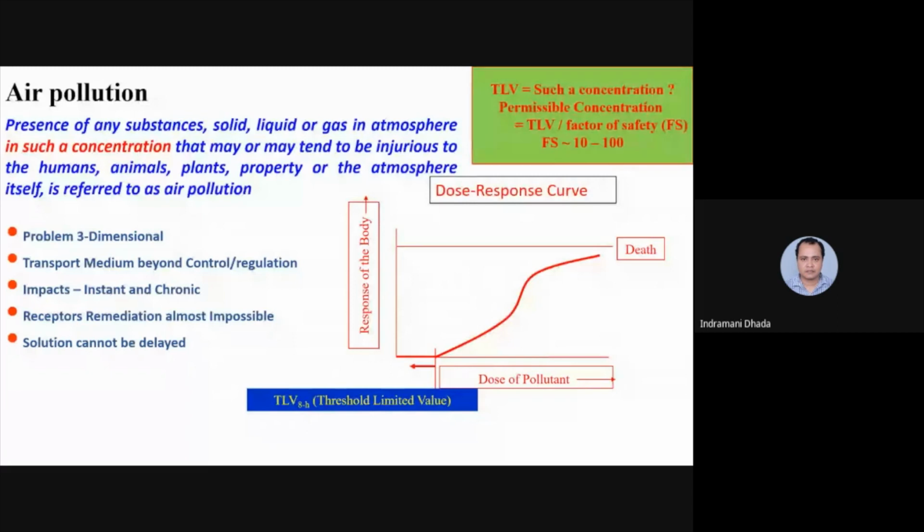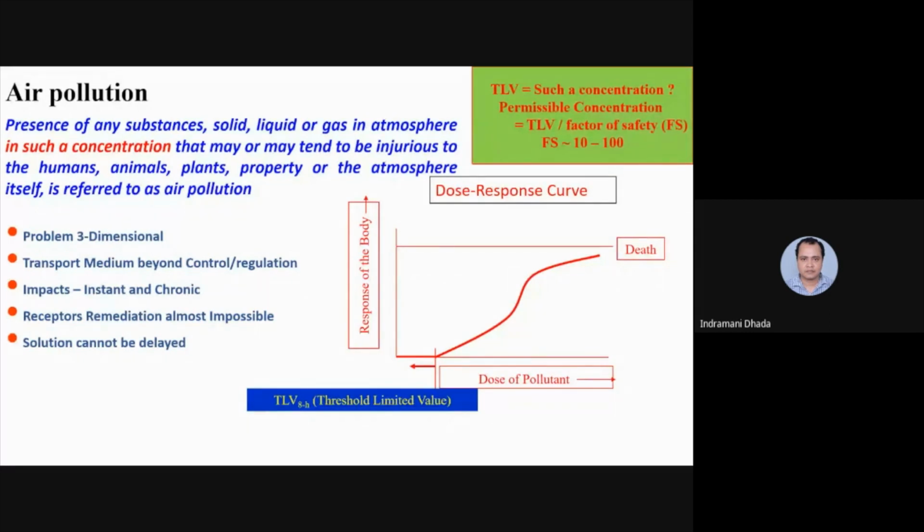Like we can control the pollutants at the source. Suppose from a chimney some pollutants are released, we can control those pollutants at the chimney or before the chimney. That is pollution control at source. Or you can control in the medium. Suppose in the air it is moving, we can plant trees and green belts, so that it can be obstructed.